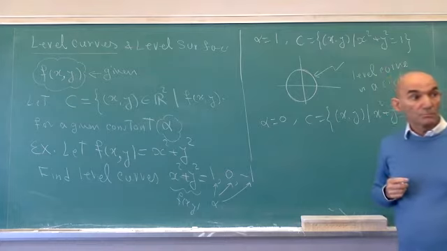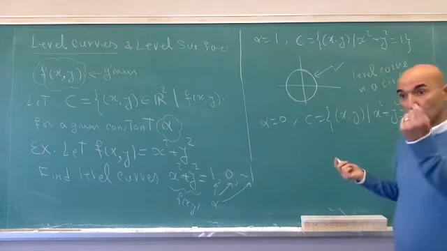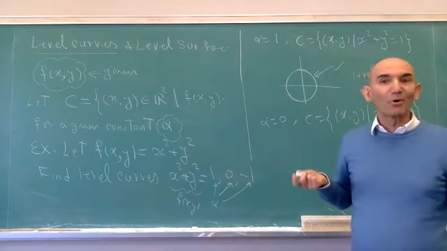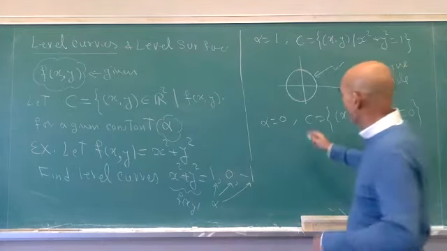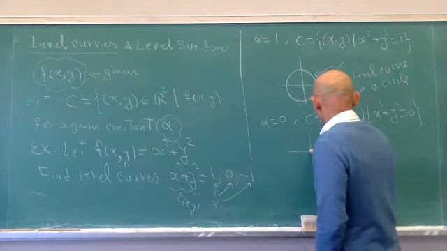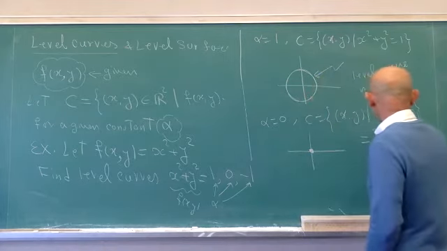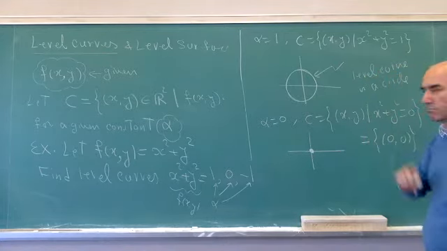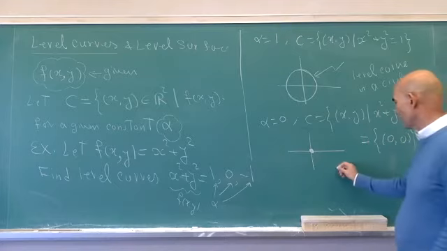Just the origin? Just the origin, exactly. We call it a level curve, but it's not a curve. It's a point. But you'll see why. So this is equal to (0, 0). Just one point, just the origin.